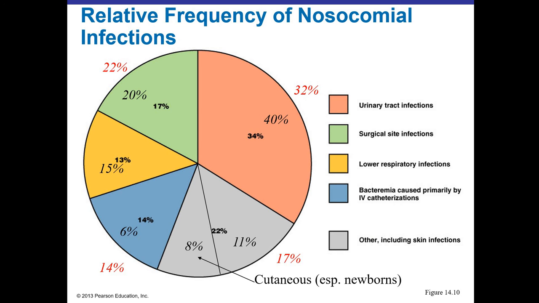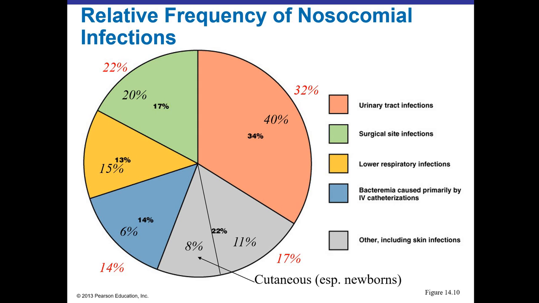The relative frequency of nosocomial infections varies according to the potential source of infection. The most common are UTIs, urinary tract infections. The 3 different numbers on the pie chart here are from the 3 different editions of the book. Urinary tract infections have been hovering anywhere between 32% to 40%.